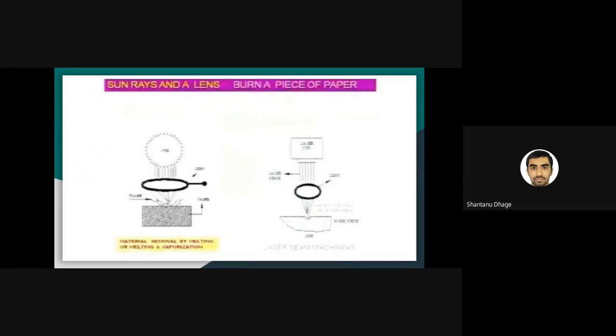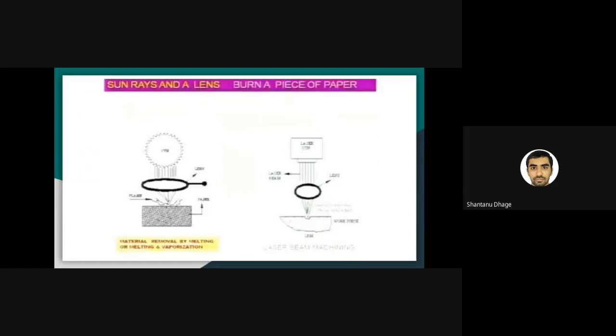This heat is utilized for melting, or melting and vaporization, of the workpiece. Please remember this statement.